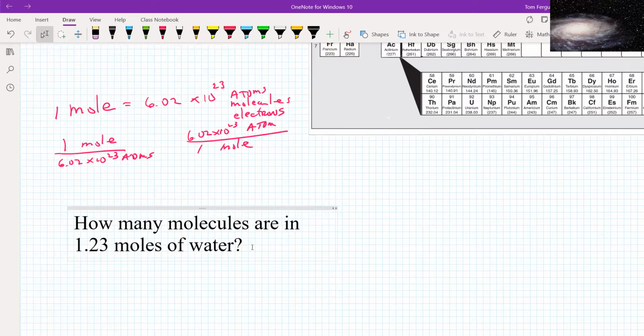This is a typical dimensional analysis problem like we had in unit 1.